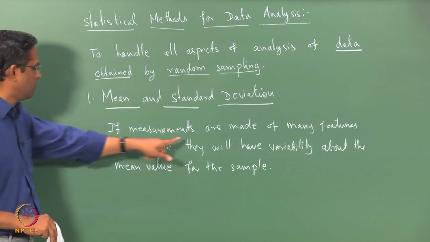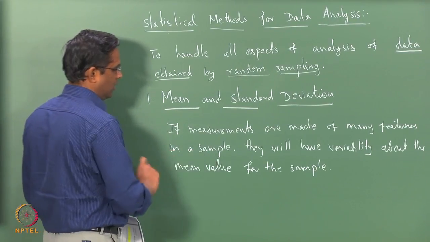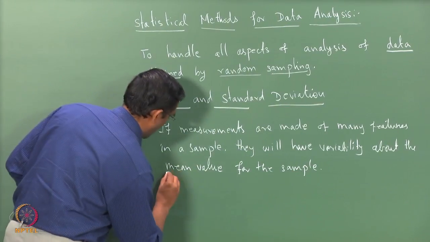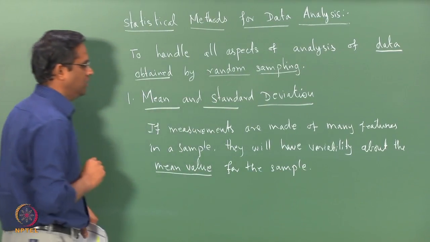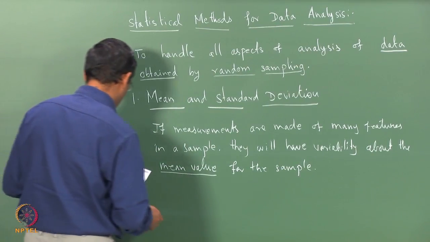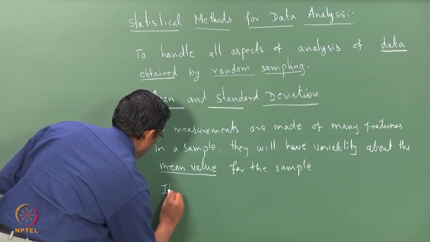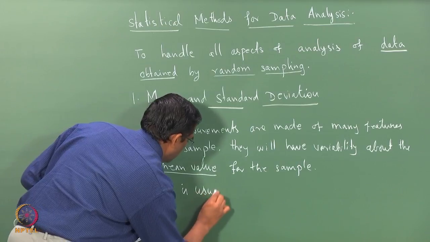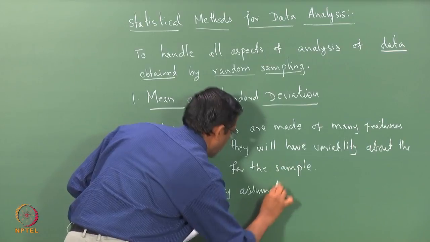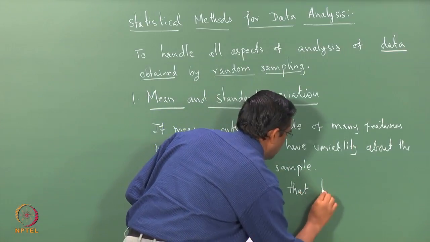If the measurements are made of many features in a sample, they will have variability about the mean value for the sample. What does it mean?